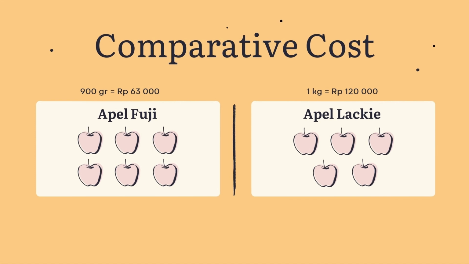So if we do apple Fuji first, 63,000 rupiahs is the price for 900 grams. So we need to divide the 63,000 rupiahs by 900 grams to find out that it costs 70 rupiahs per gram.